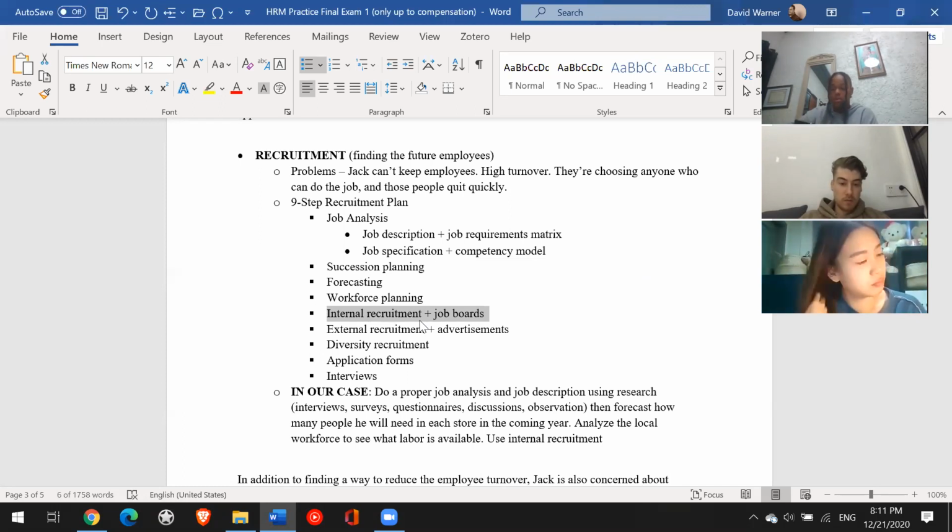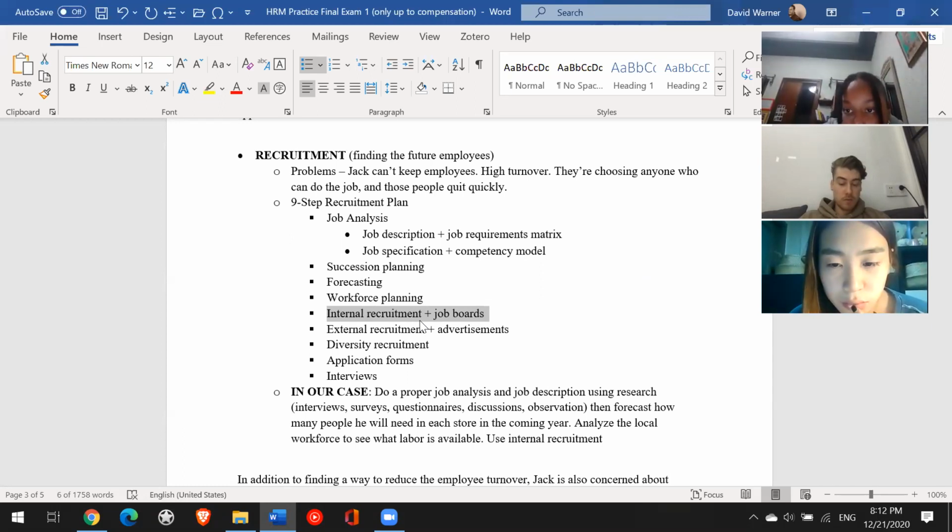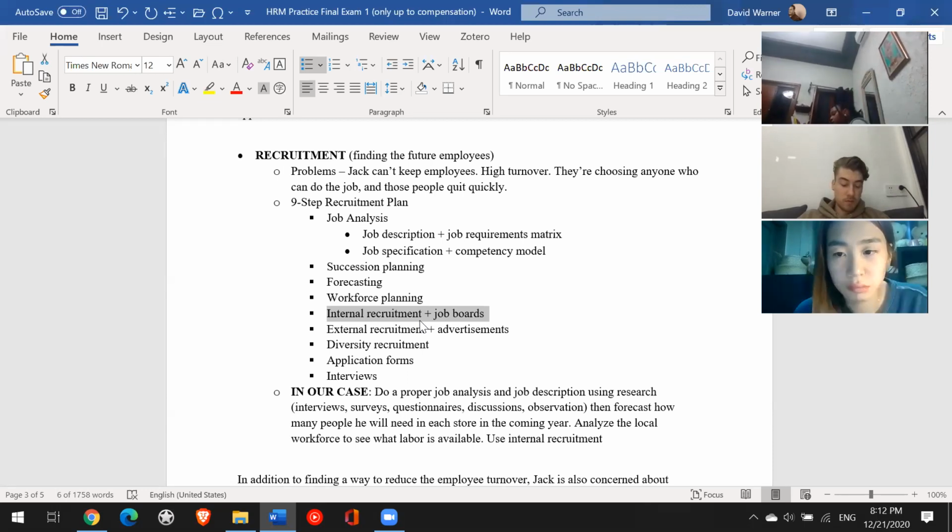So what I might say is internal recruitment means hiring people who already work for you and using the people who work for you now as a tool to find new people. So for one, with internal recruitment, you can take the people that you have now and see who is suitable for promotions, for more opportunities.